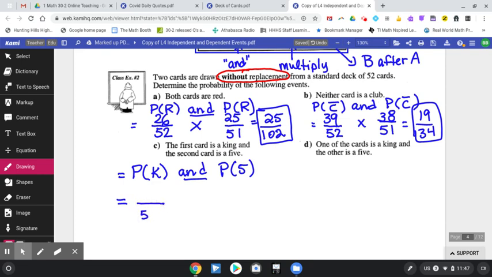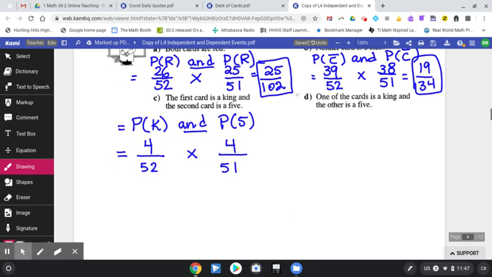There are 52 possible outcomes. 4 of them are kings. And means multiply. Now remember, I didn't replace the first card, so on my second draw, 51 possible outcomes, and 4 of them are 5s. And our final answer on this one, 4 out of 663.